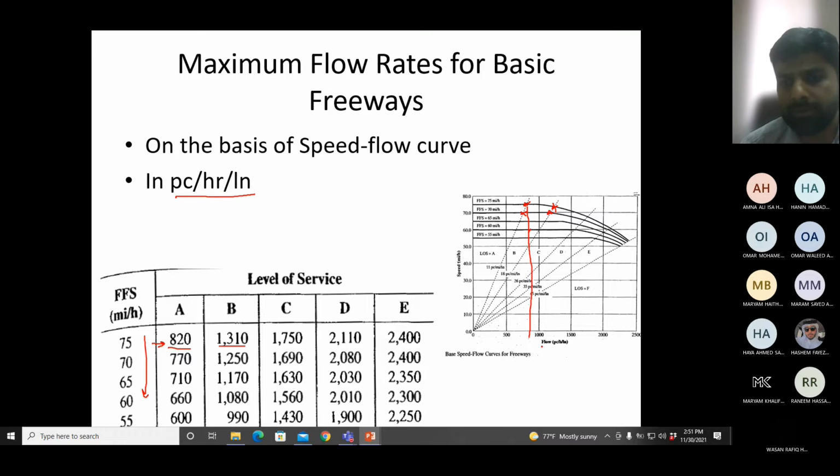The flow rate on the x-axis is passenger cars per hour per lane. The density is passenger cars per mile per lane. So again, going back to the previous assumption, all values shown in these graphs or the equations are under base conditions. So we need some calculations before using these values. We will look at that.